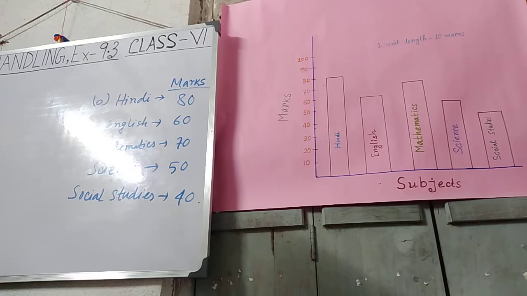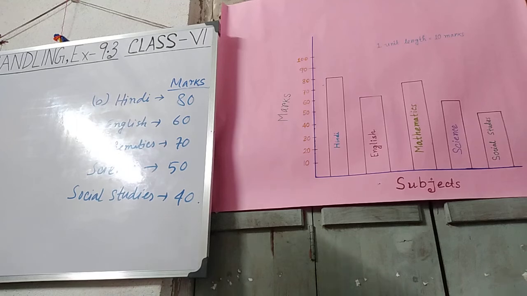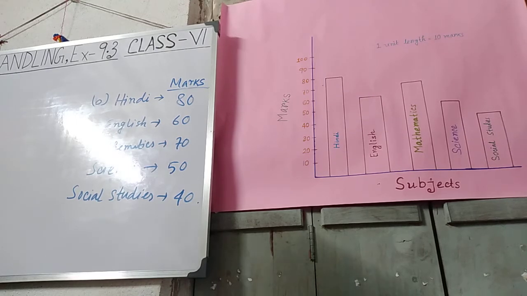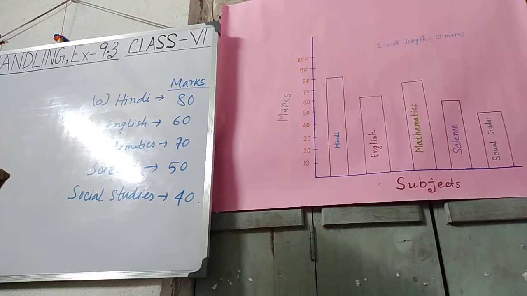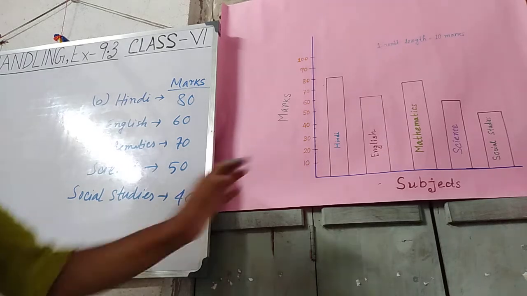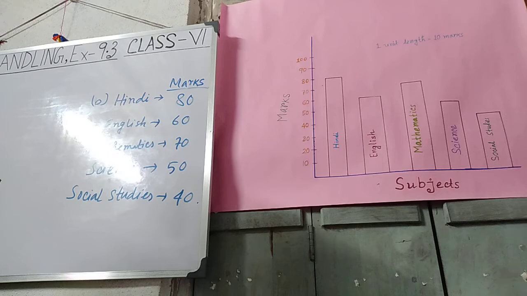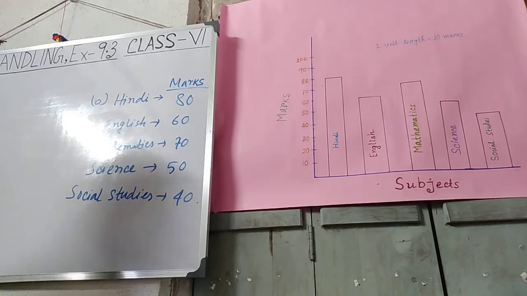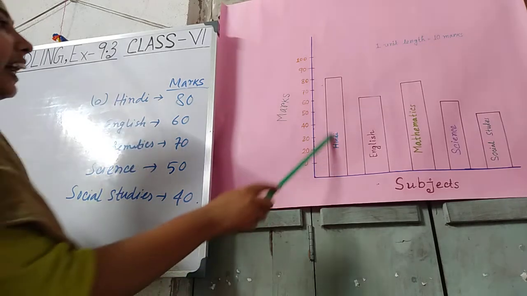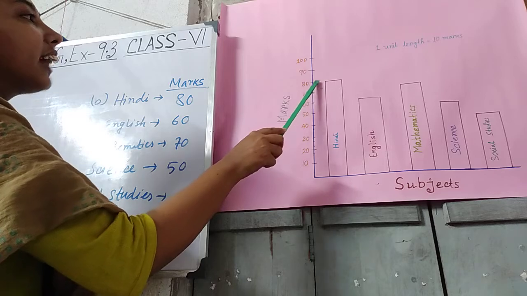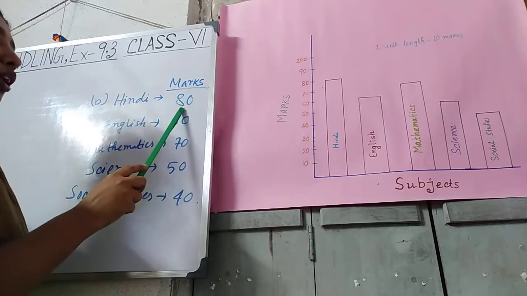Now our last question, state the name of the subjects and marks obtained in each of them. Means here we can see that total 5 subjects are there. So at first we have to write all the subjects, and from bar graph we have to find the marks respectively. So for Hindi we can see that the bar graph touches at 80, so marks will be 80.